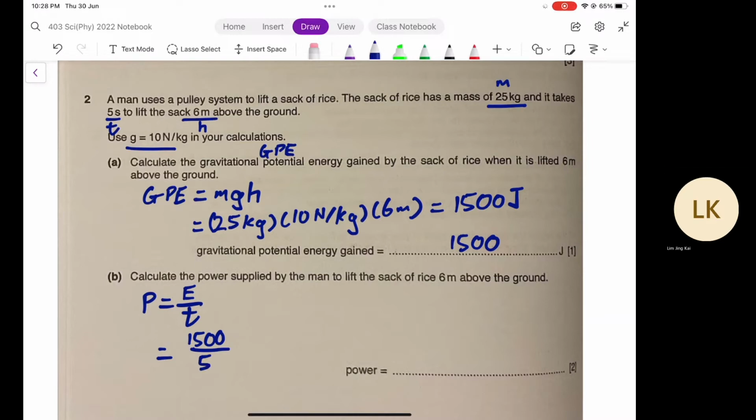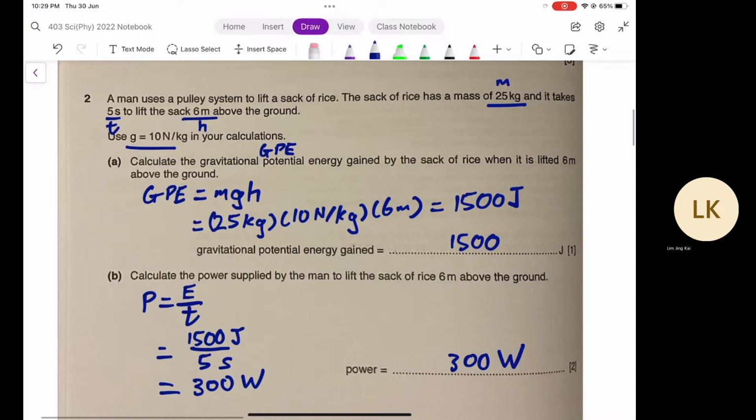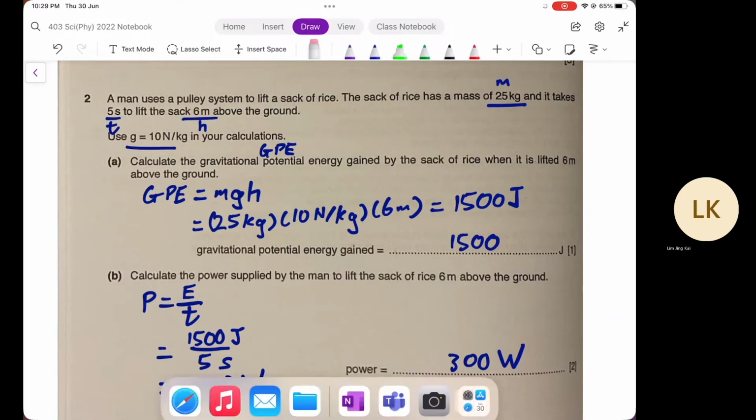So we substitute the values, 1500 joules and 5 seconds, and we will be able to obtain the value of 300 watts. You will notice that this particular question does not have a unit at the end, so it's important for you to label the unit, otherwise you will not be able to get your marks accordingly.